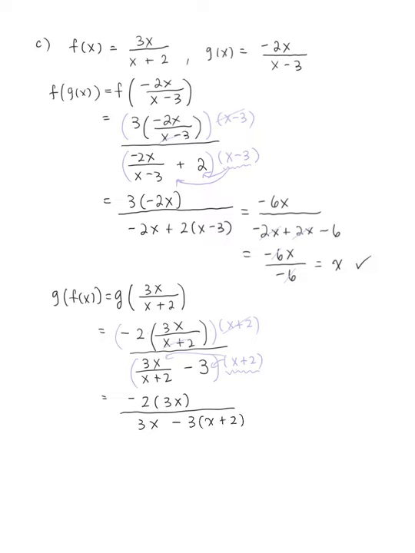All right, so this is the same thing as negative 6x all over 3x minus the 3x and then minus 6. Looking good. 3x is going to cancel out. Then we have negative 6x over another negative 6. So look at it. Boom. We got an x back. All right, so yes. Therefore, f and g are inverses.